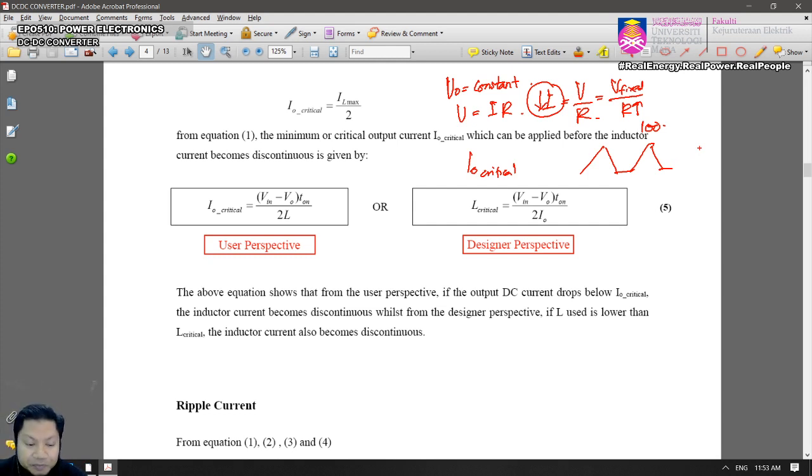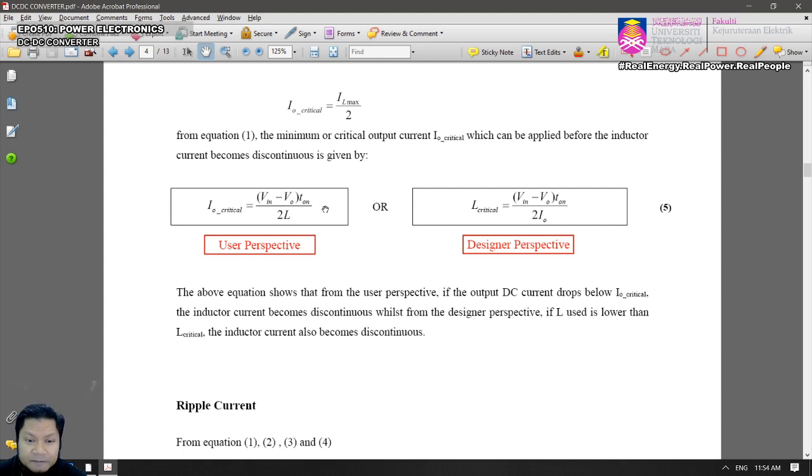Okay, so this is a user perspective. If you think about the designer perspective, if you are an engineer going to develop the buck-boost converter, you need to consider the size of L critical here, isn't it? There will be a specification given to you, by your customer, which states the size of the output or load current.